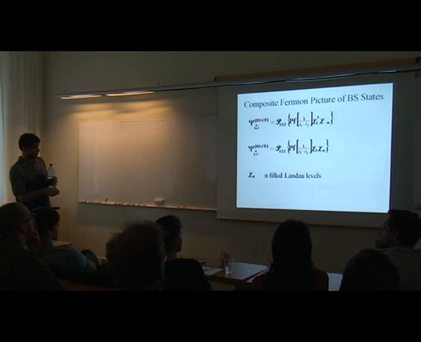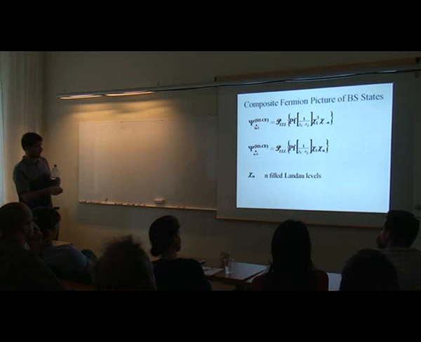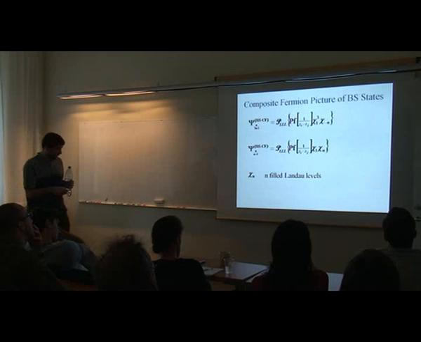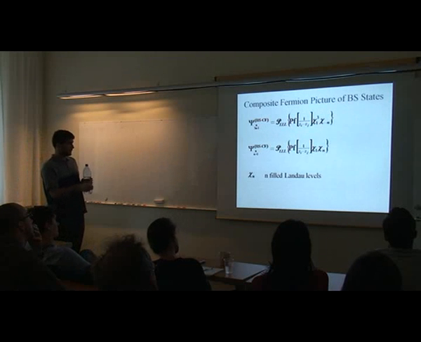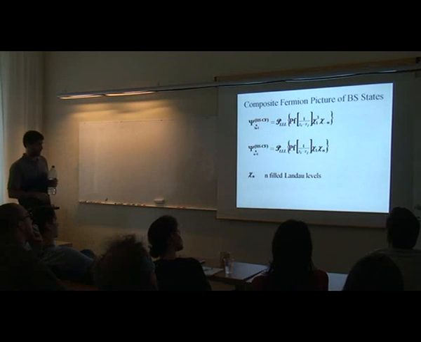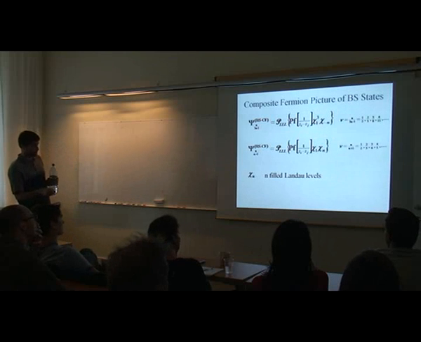And in particular, here's the construction: you can basically start with a Pfaffian times some number of Jastrow factors and plus or minus n filled Landau levels, and then do this kind of projection like you would for the composite fermion.